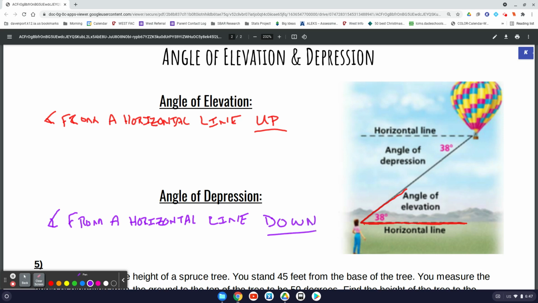A way that we've mentioned it before is if you are depressed, you are feeling down. So here's our horizontal line. Angle of depression is going down. So we need to be able to read the words and figure out which one we are dealing with. Are we going from flat up or flat down?